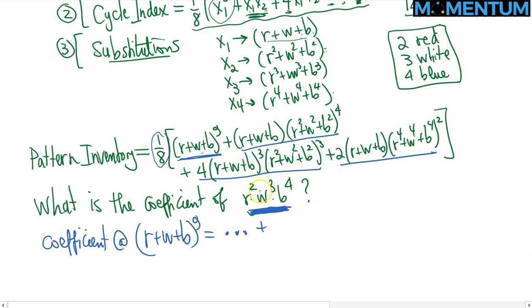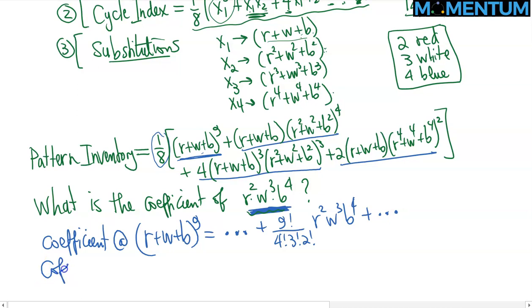Or if you want, 9 choose 4 times 5 choose 3 times 2 choose 2, or directly it would be 9 factorial divided by 4 factorial, 3 factorial, 2 factorial, for R squared, W cubed, B to the 4. That would be the coefficient. We don't care about the coefficients of the other terms.